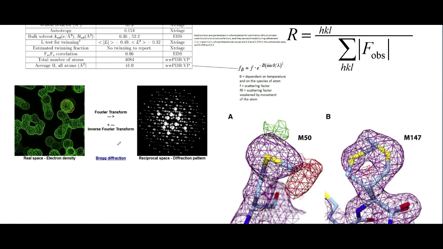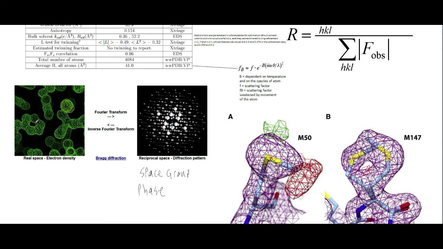Once we know the space group, which, like I said, was determined by the symmetry of this diffraction pattern, the symmetry of the intensities. So that's what you can determine just from the diffraction pattern, but then we also need to solve for the phase problem. And from that, like I said, long story short, we can obtain the electron density, which you can see here.